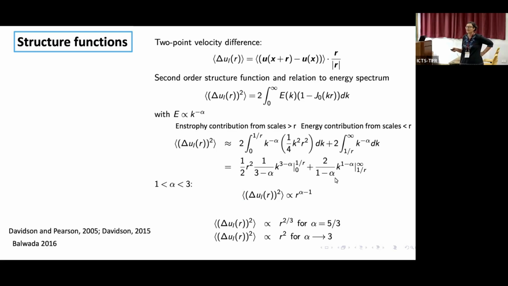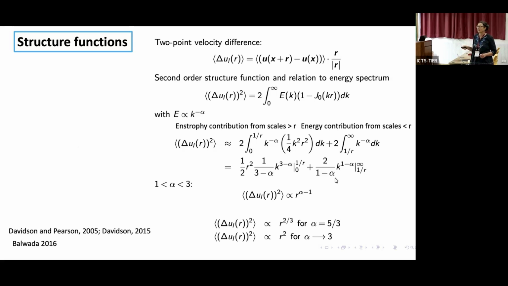Okay, the structure function method. As I said, I'm not an expert on this, but we are using it. It was introduced already on Monday. It's really a most classical turbulence method, based on the velocity difference, and you can project it in a longitudinal and transverse way. This is the longitudinal structure function, and it is related to the energy spectrum like this with this zero-order Bessel function.